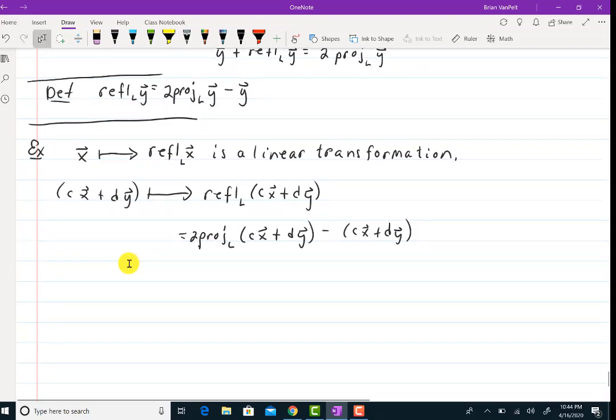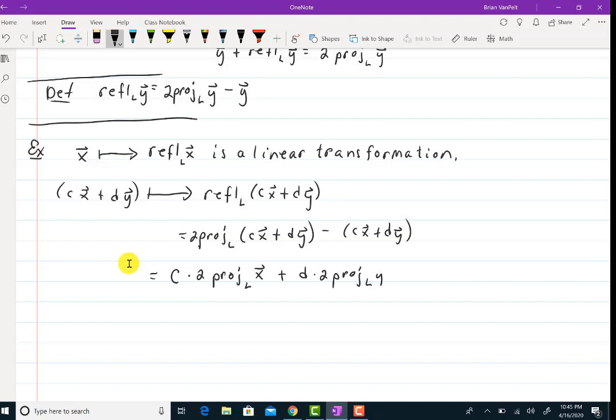But we just showed that the projection thing was a linear transformation, so that I know that that is c times 2 projection L of x plus d times 2 projection L of y. Technically, you can factor out the 2 after one more step. I just decided to do it all in one step. And then if I carry the subtraction through, it goes like this.